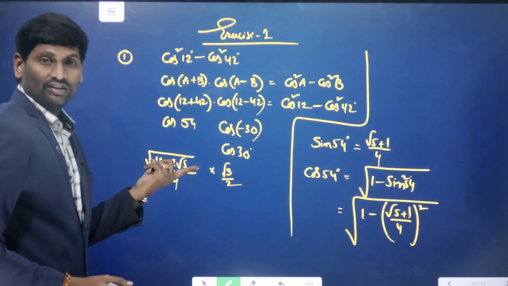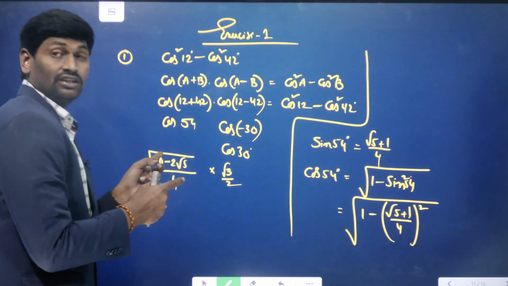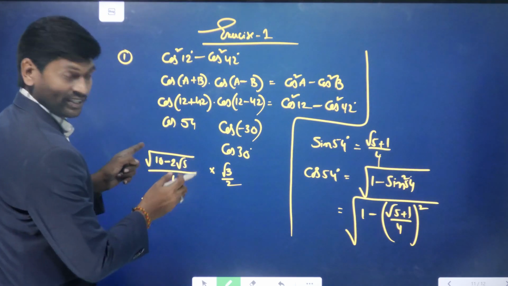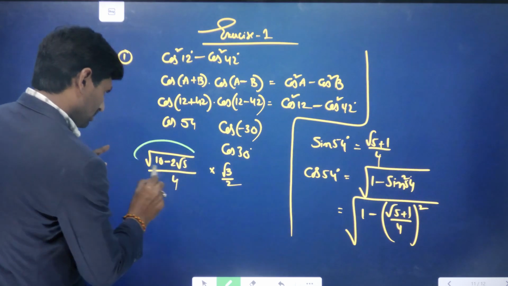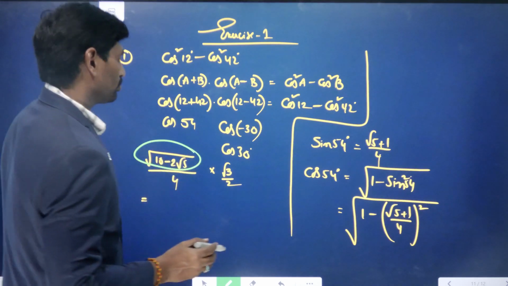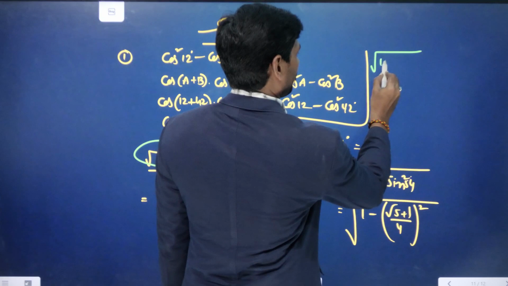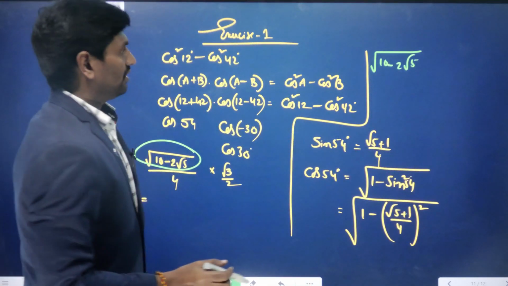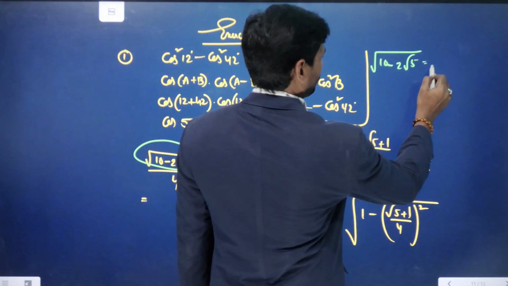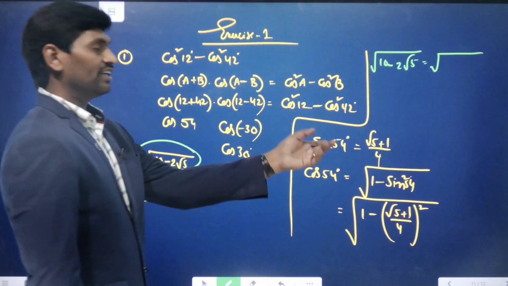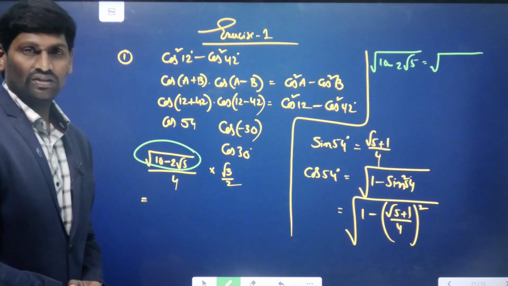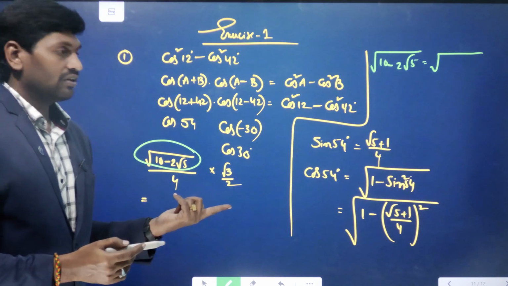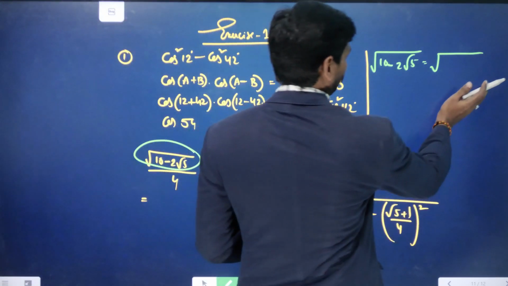This one, like in the quadratic equation topic, how are we finding this? I am finding the value of root over 10 minus 2 root 5. We can try to write the factors, 2 into 5 or 1 into 1, or we can use formulas.